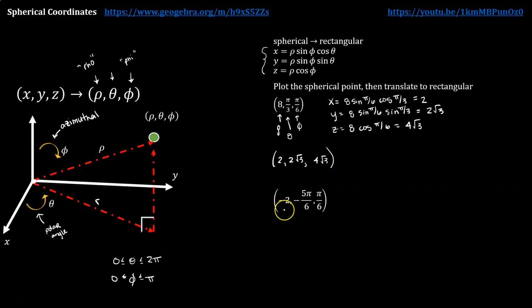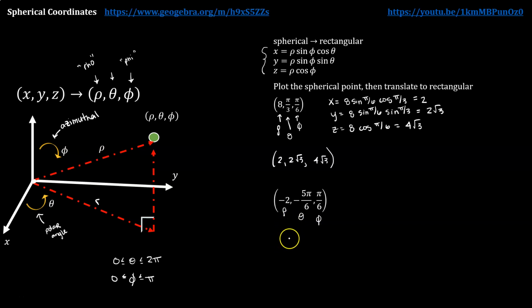Taking a look at our next example here, we see rho is -2, theta is -5 pi over 6, phi is pi over 6. Now, conventionally, we don't use negative angles for theta, and we don't use negative values for rho. But if we're just doing conversions with these equations, technically it's fine.